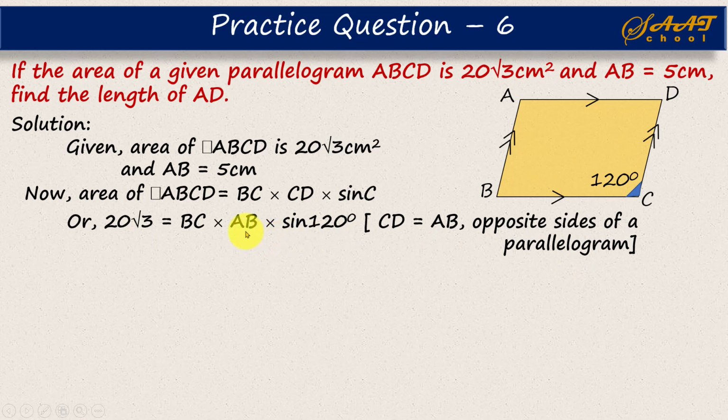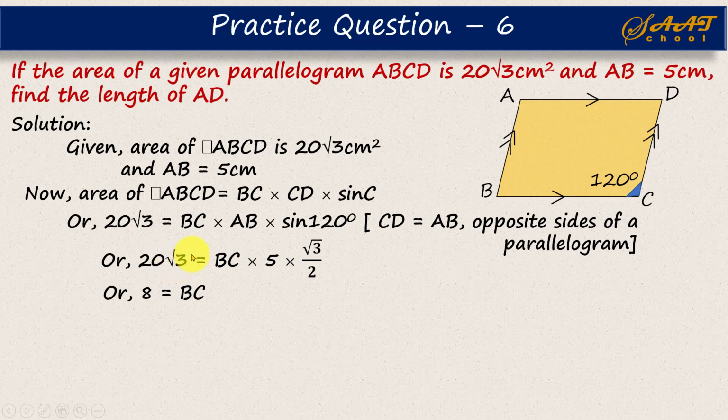Now we can put the value of AB, which is 5 in this case, and sine 120 is square root of 3 divided by 2. Now you can cancel this root 3 and root 3.